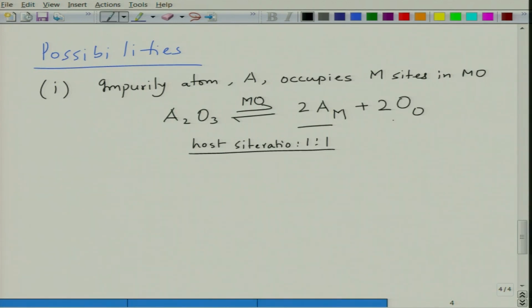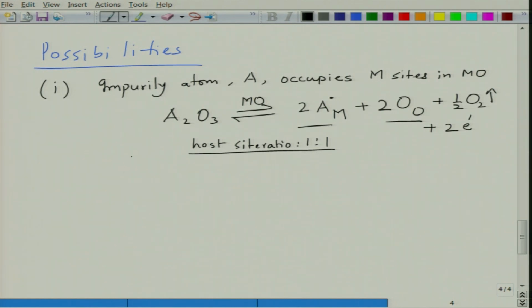So, site ratio is maintained, which means the extra oxygen has to go out. Now, this A is 3 plus, M is 2 plus, which means it will carry one positive charge. How is this going to be accommodated? By creation of an electron. So, this is going to give rise to 2 electrons. So, this is electronic compensation, which means impurity of A2O3 type will cause an N type behavior.